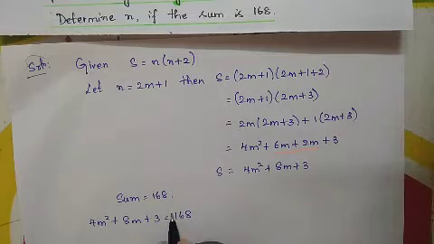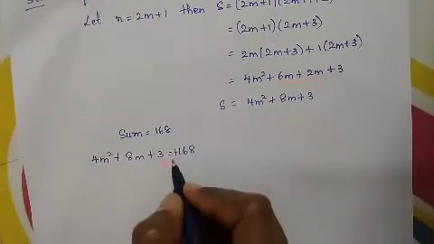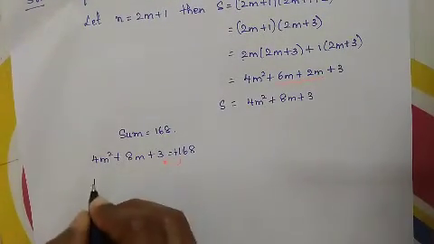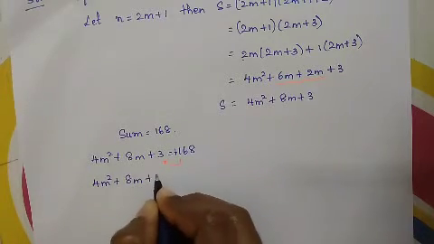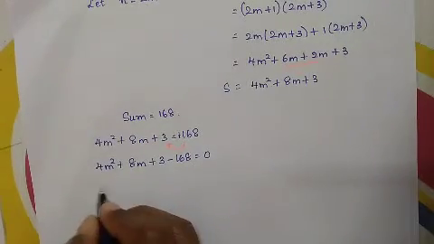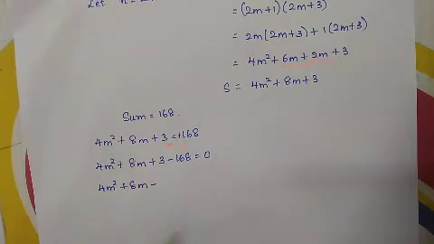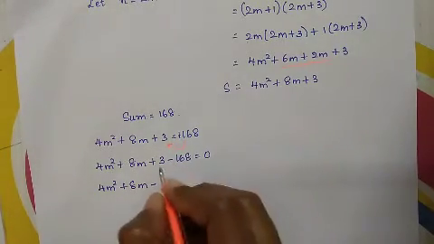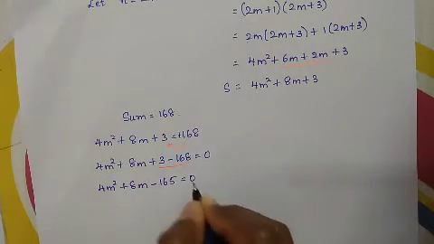Here this is a positive number. If we take this to the left side, this positive sign will become the negative sign. So 4m square plus 8m plus 3 minus 168 is equal to 0. 4m square plus 8m, 3 minus 168 is minus 165, is equal to 0.